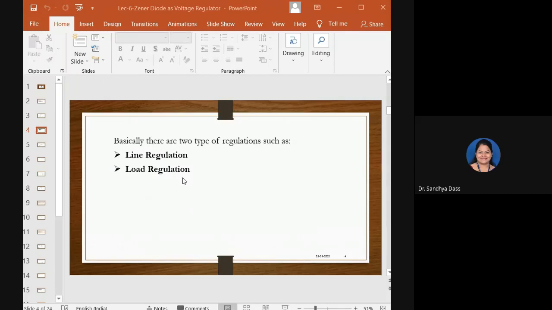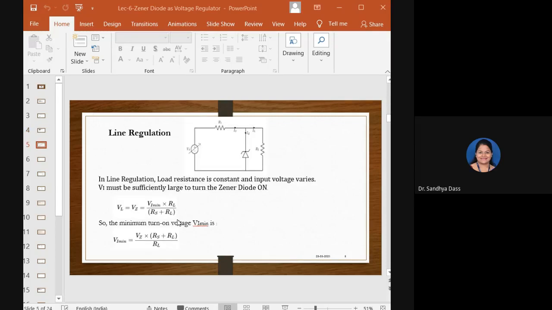We will see all these. In line regulation, what we have discussed already, now with the derivations we will confirm things. Considering the circuit here, as you can observe, there is a variable input source.